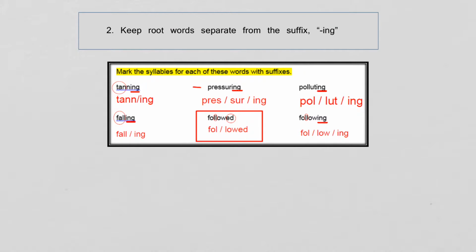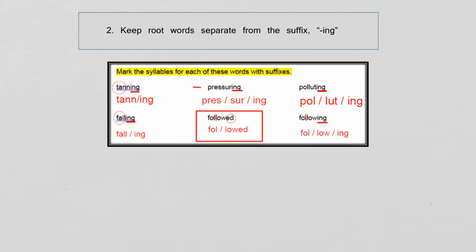Alright, the second rule is to keep root words separate from the suffix ing. If you're curious about root words and suffixes, you can check out a few of the videos that I did earlier in this series.